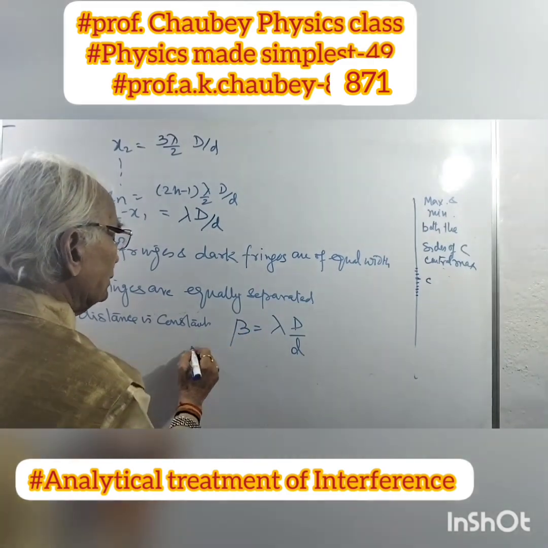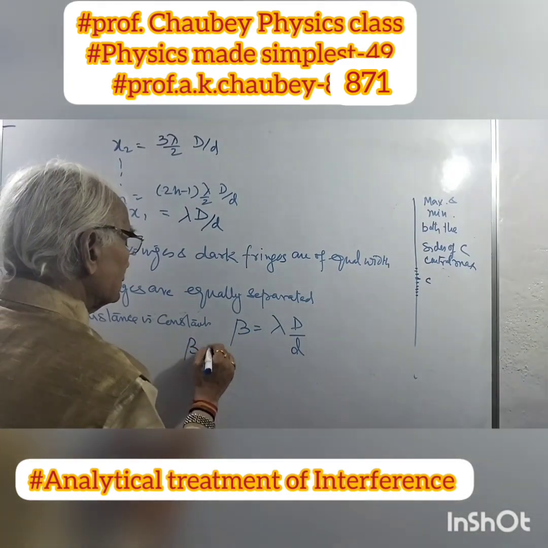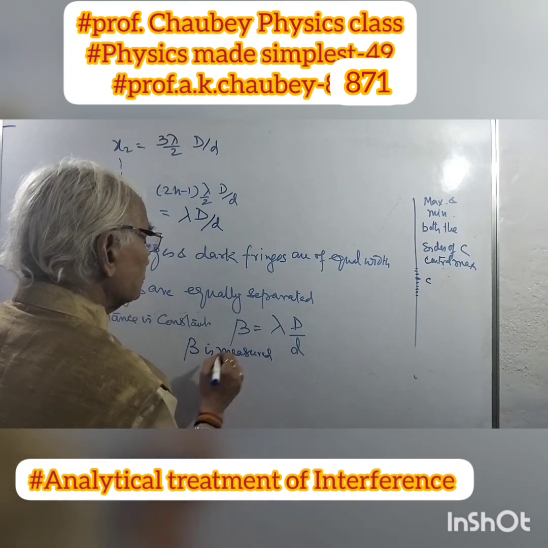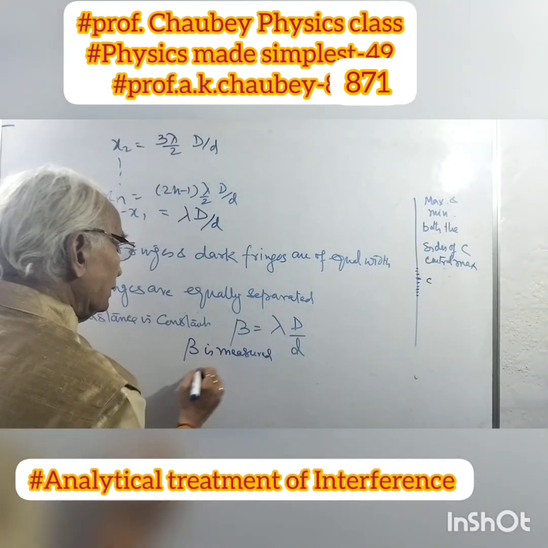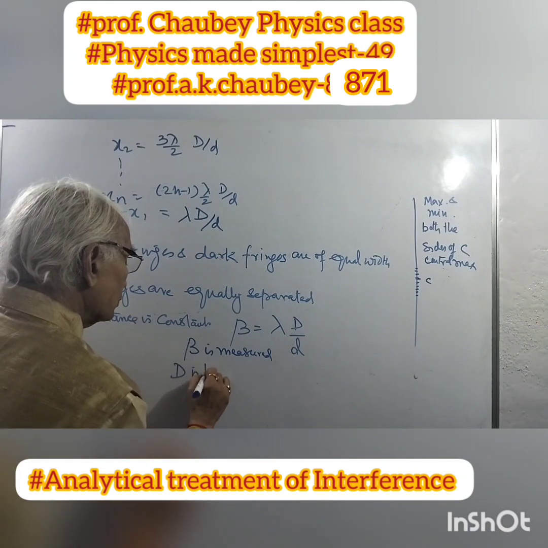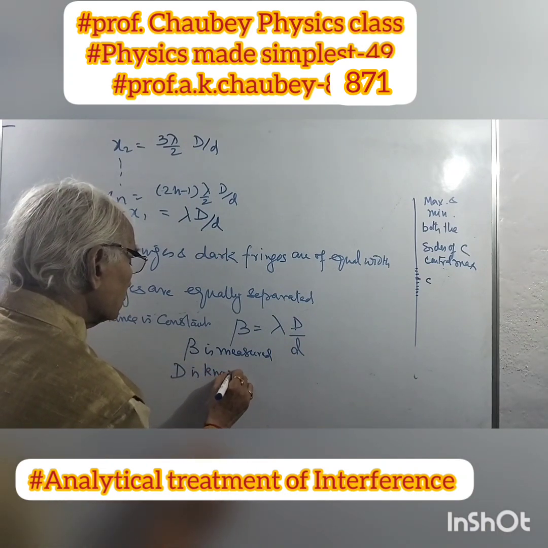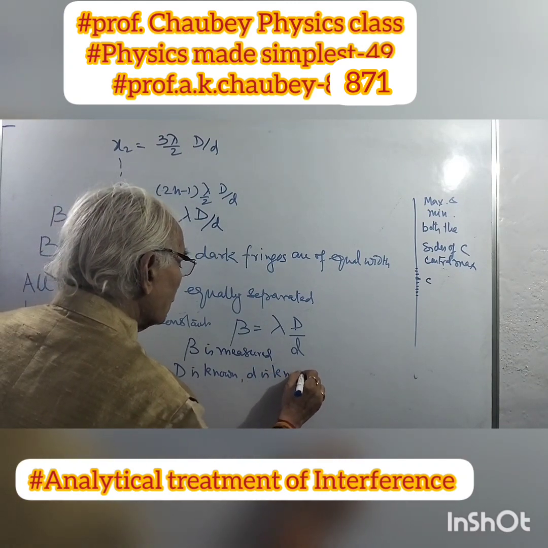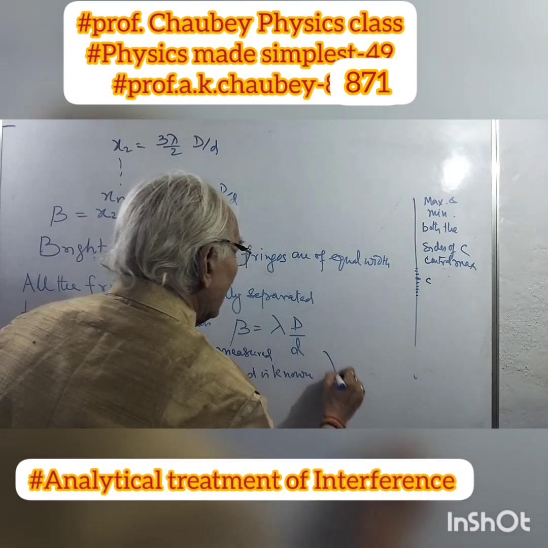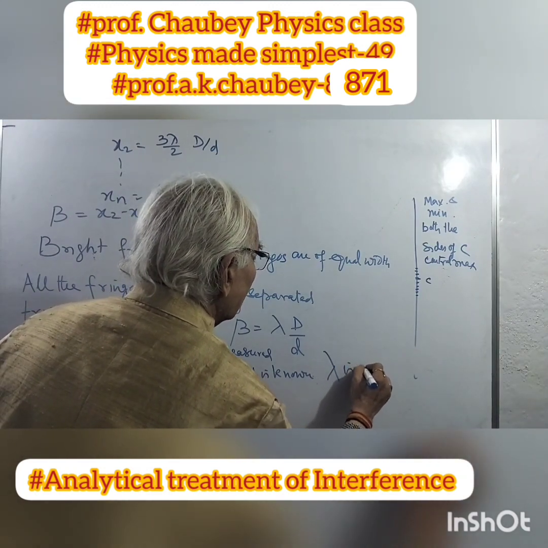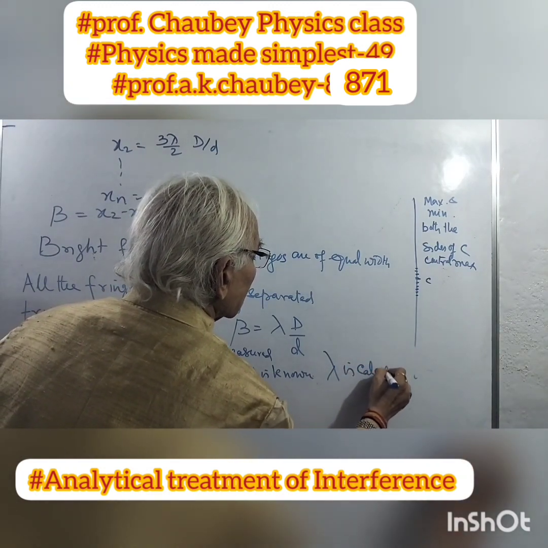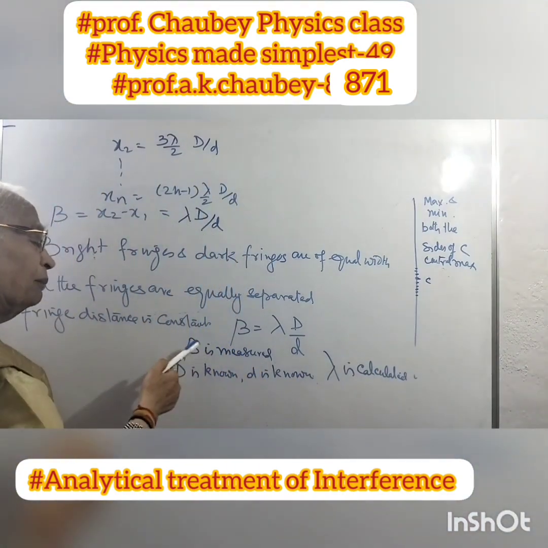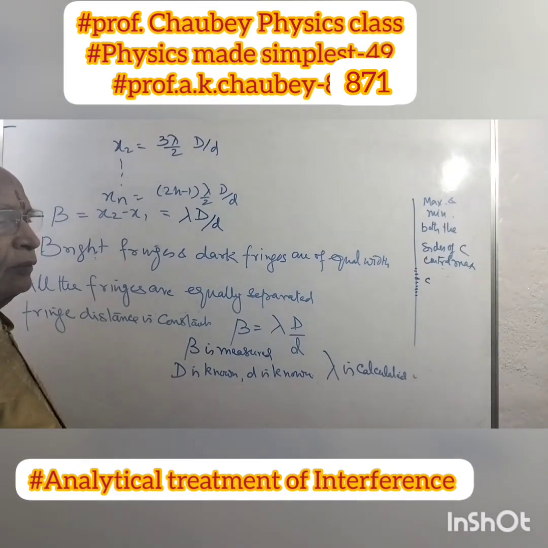So beta is measured, D is known, and d is also known because we know the distance between the two slits. So lambda is calculated. If lambda is known, then beta, the fringe width, can be calculated.